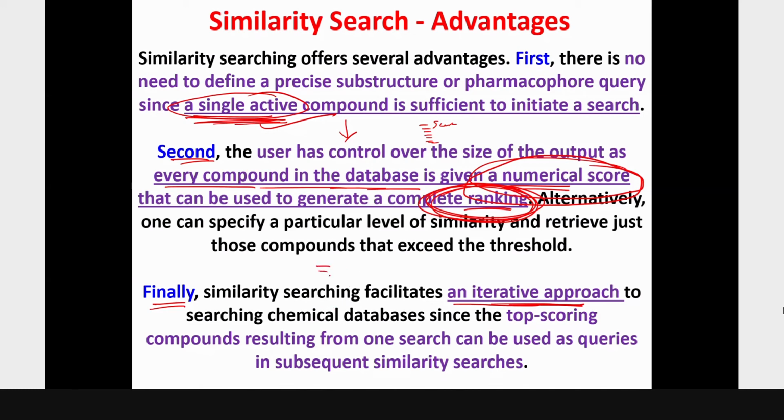Now based on these compounds you have made some query, and these particular compounds you have found to be the best ones. And again, using these top compounds, you can do the second iteration. Again, whatever top compounds you are getting, you can do this multiple times to refine your criteria again and again.